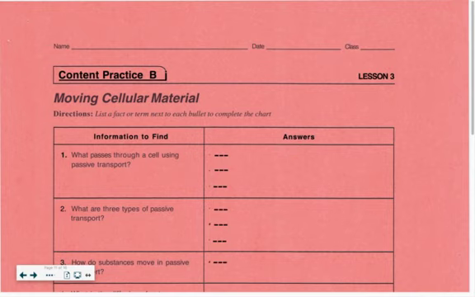Here, moving cellular material. So if we're going to move some cellular material, we've got to list the facts or terms next to each of the bullets to complete the chart. So, what passes through a cell using passive transport?